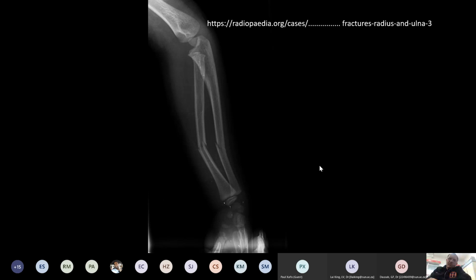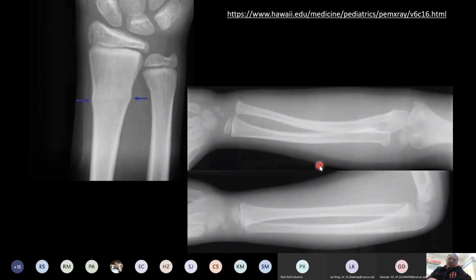Then buckle or torus fractures, where both cortices are buckled, are also a common fracture in children. And then also a bowing fracture, not really a greenstick, where the bone bends like a reed without fracturing. These cases in general are in younger children, and they have a better outcome than most other fractures. When do you reduce them?